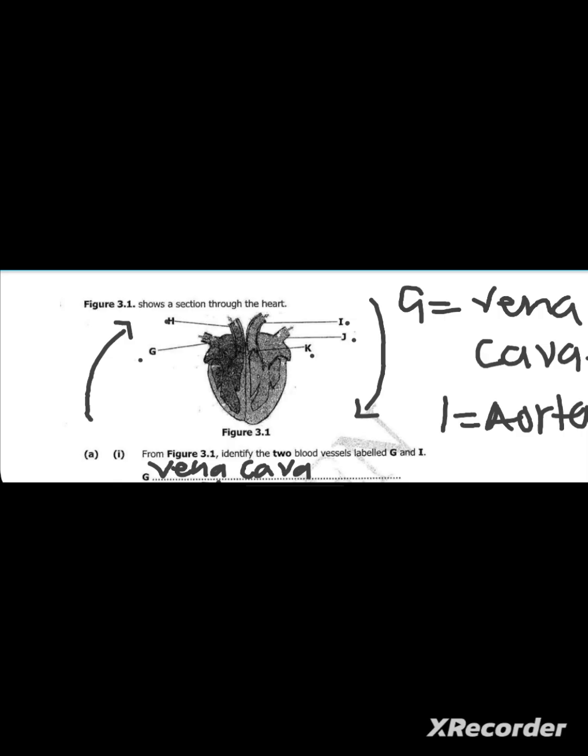This valve K, as well as the pulmonary valve, are called semilunar valves, but separately, K is called an aortic valve. So just say aortic valve.